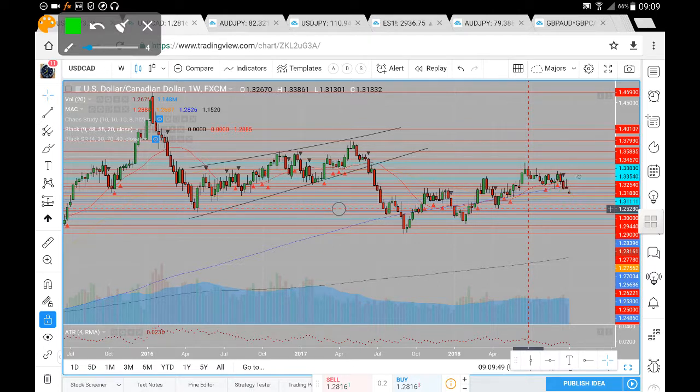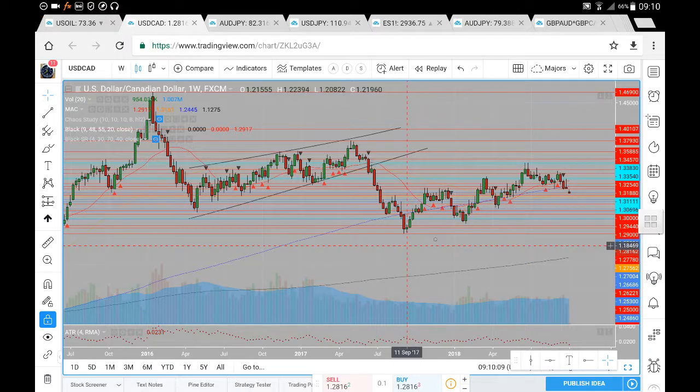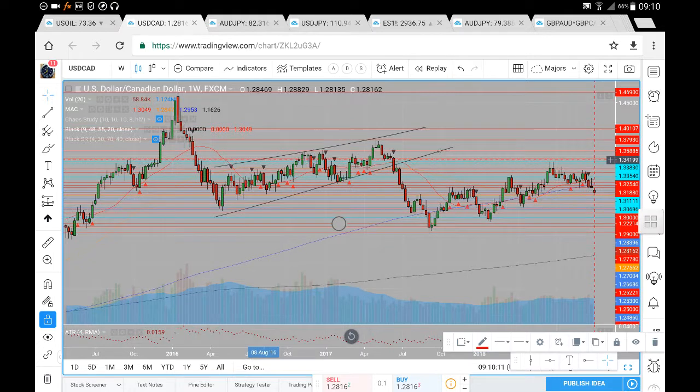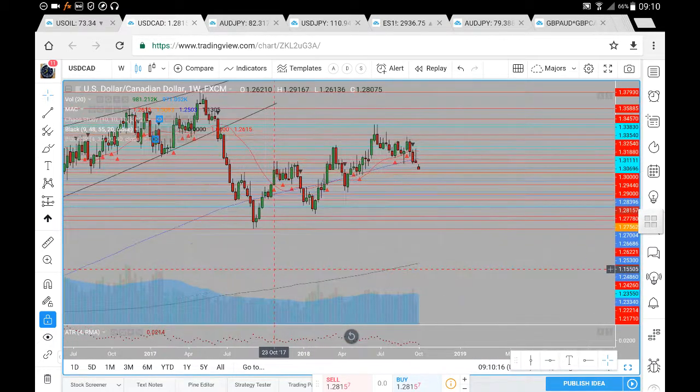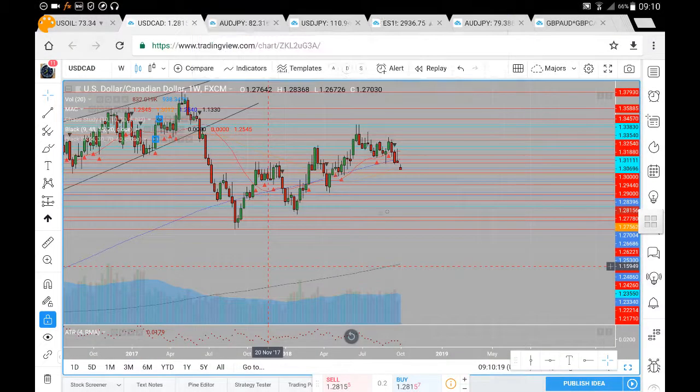We've had higher prices rejected as indicated by this wick here more recently for the previous week. We did close near our lows, and so far at the open this week we've had a rally fail also, and we do seem poised for a further breakdown in prices here on the USDCAD.